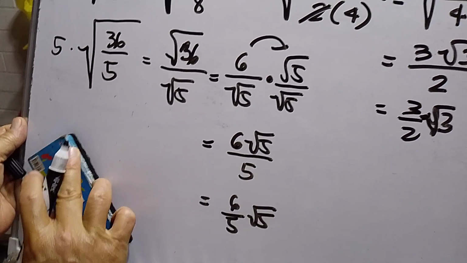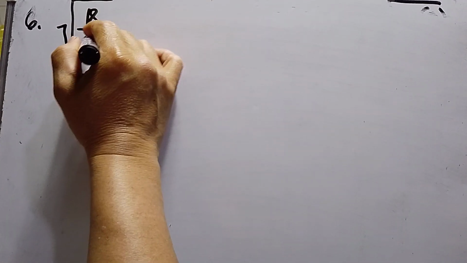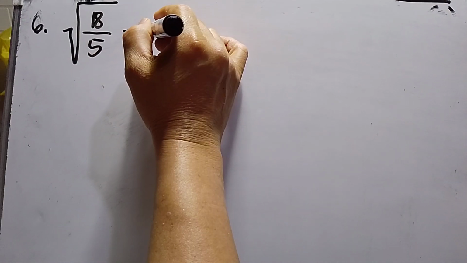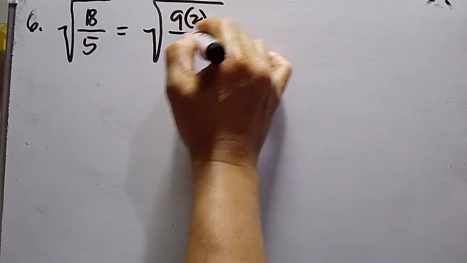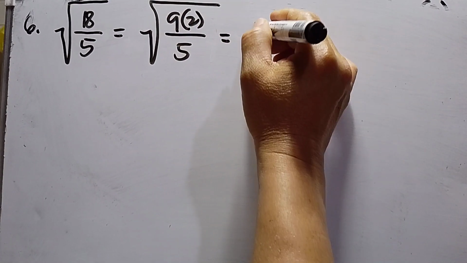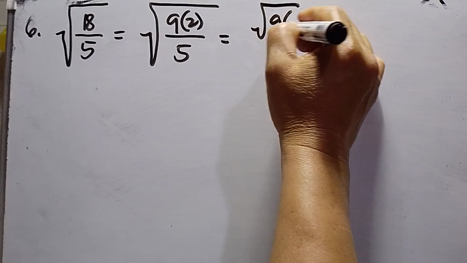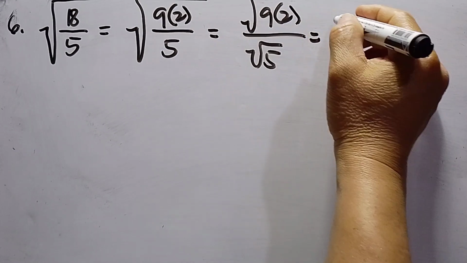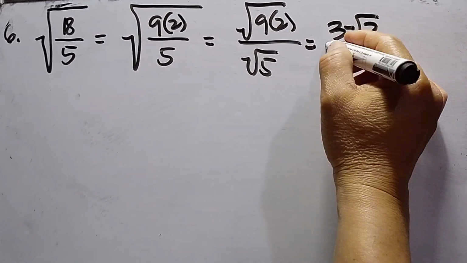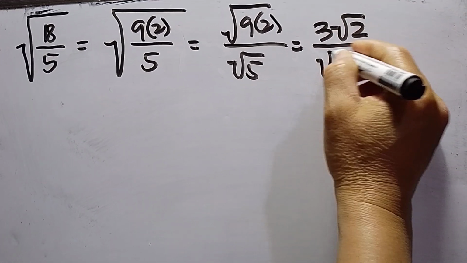How about number 6? Number 6 is square root of 18 over 5. So I have here 9 times 2 over square root of 5. Square root of 9 is 3, then I have square root of 2 over square root of 5.